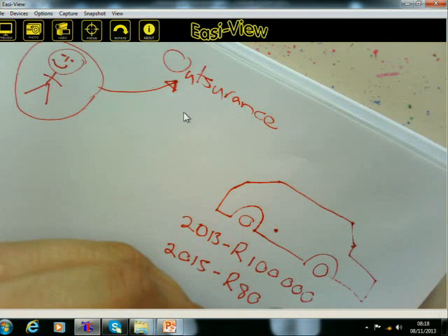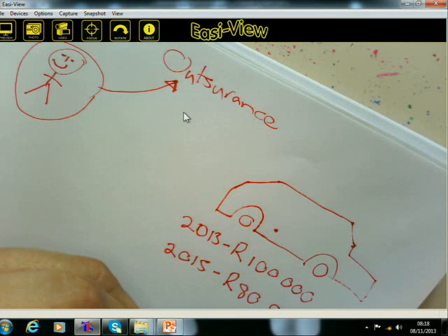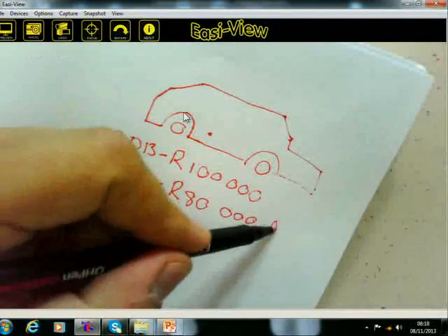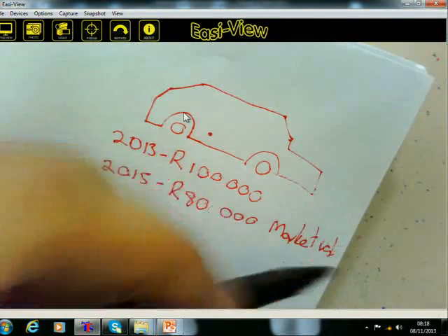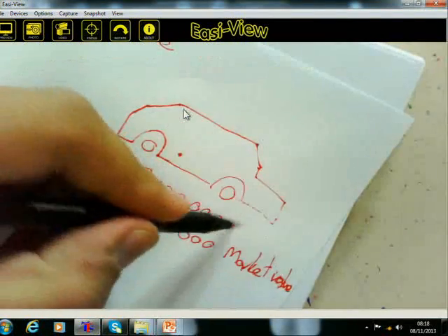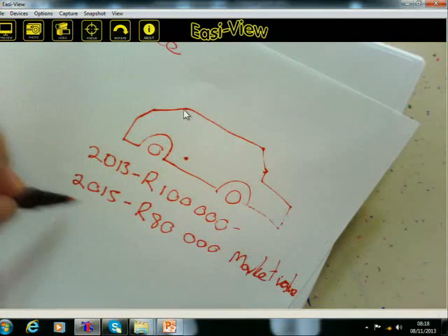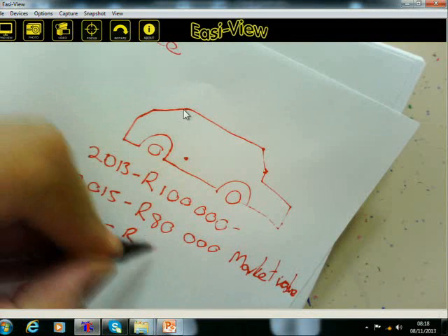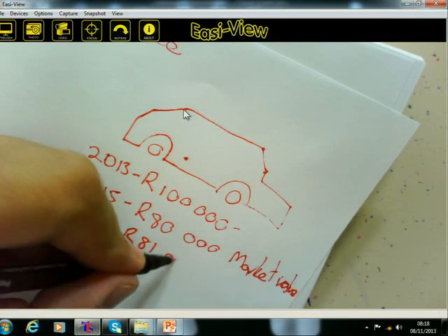Now, whatever you will be able to sell it for, that will be the market value. Okay. Sorry, guys. The book value might be 81,000 rand.